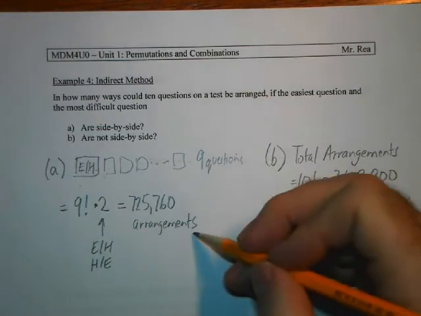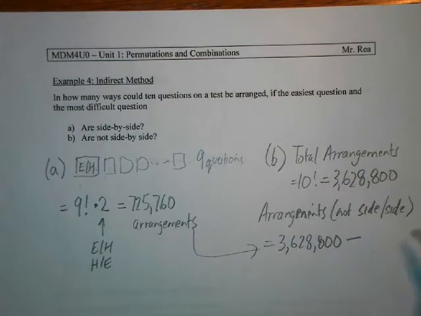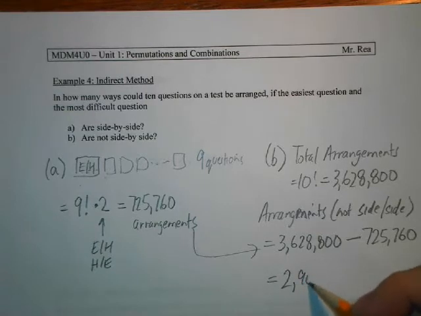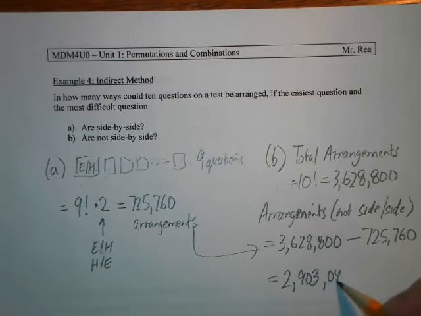So I'll just show this here. Subtract that number from the big number. So that is 2,903,040 arrangements.